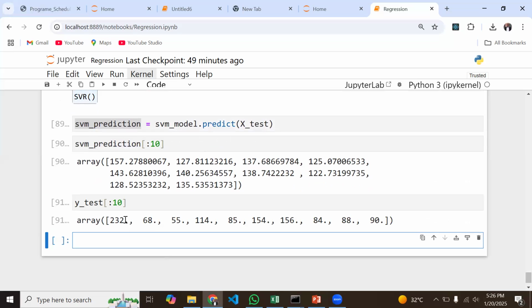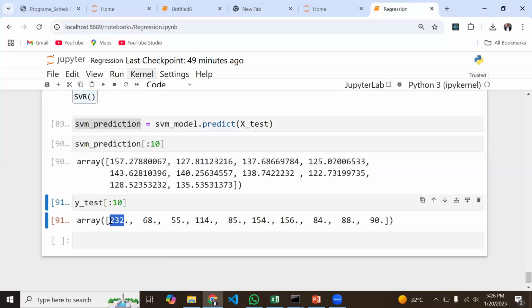Okay, so over here, we get to see that the actual is 232, but then the predicted is 157. Over here it was 86. The actual, we predicted this, and then this one was 137. The actual was 114, and it goes on and on and on.